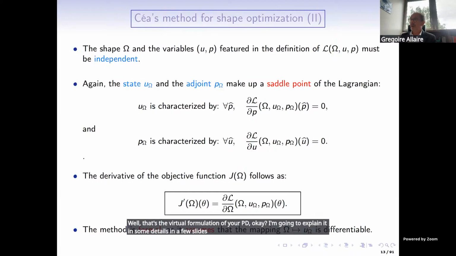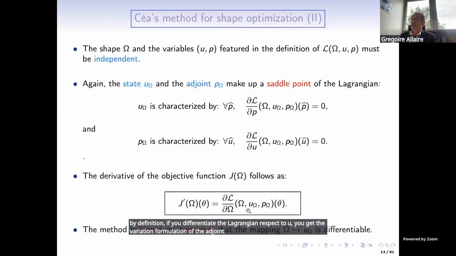But then, as in the standard case, by definition of the Lagrangian, when you differentiate the Lagrangian with respect to p, you get the variational formulation for u. And by definition, if you differentiate the Lagrangian with respect to u, you get the variational formulation of the adjoint.